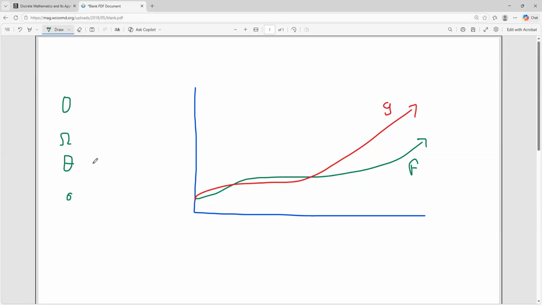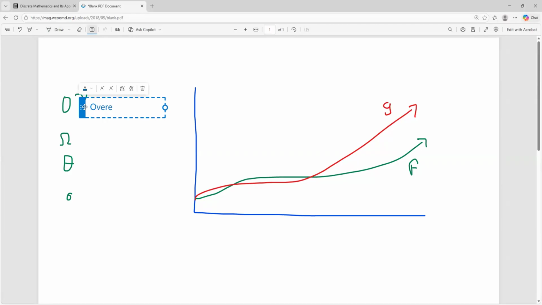Think of big O as an overestimate. We are inviting a lot of people to the party. We don't know how many, but I want to be safe. I don't want to embarrass myself and accidentally order less food than people show up. This is an overestimate.